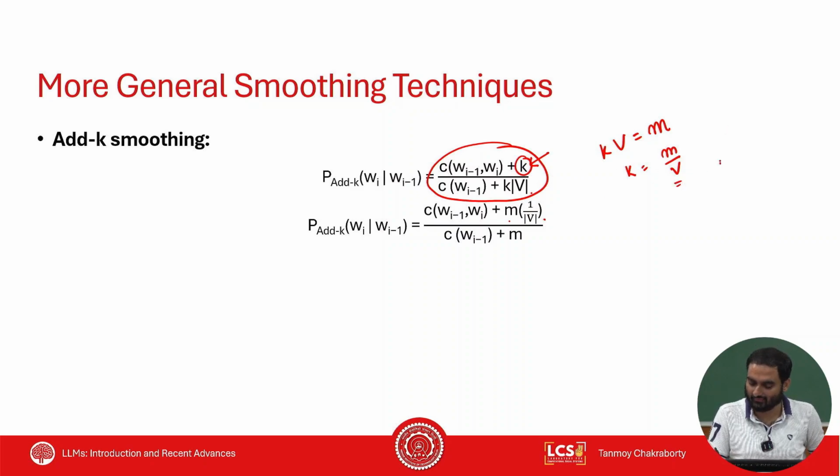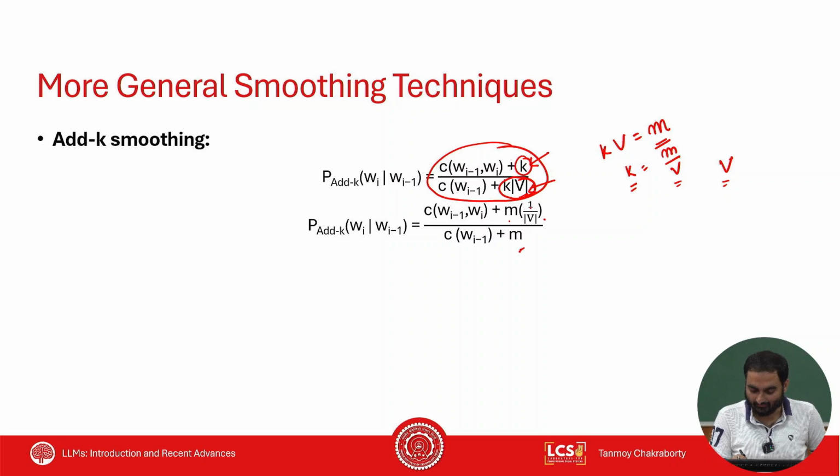In my notation, v is the size of the vocabulary, and in the slide, v is the set, and mod v is the size. So what I'm doing now, I'm replacing kv by m. So now k is going to be m by v. So now I replace k by m times 1 by v, and kv by m, right?